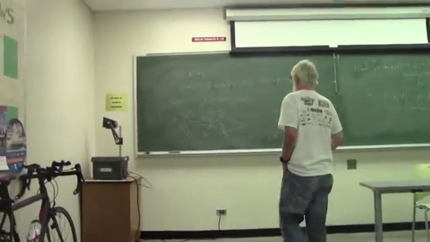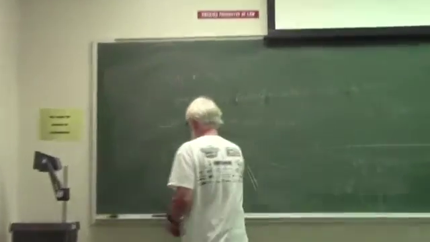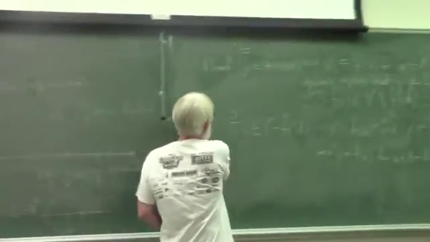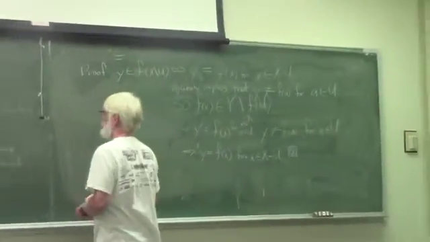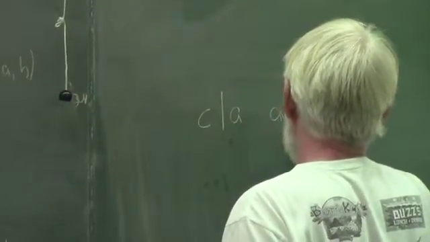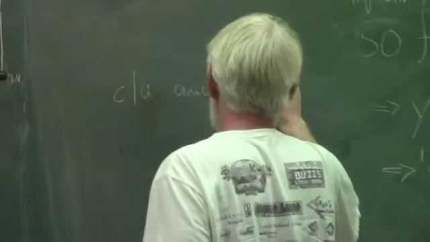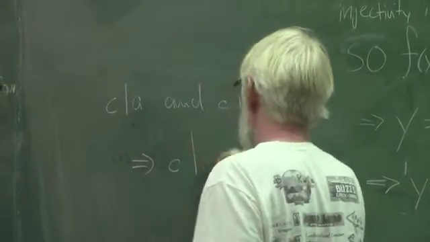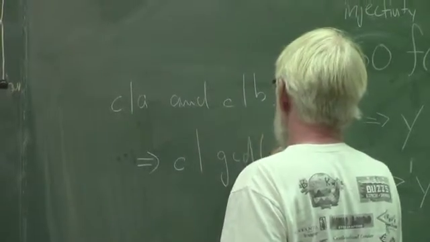So you would like to show that if C divides A and C divides B, this implies that C divides the greatest common divisor.